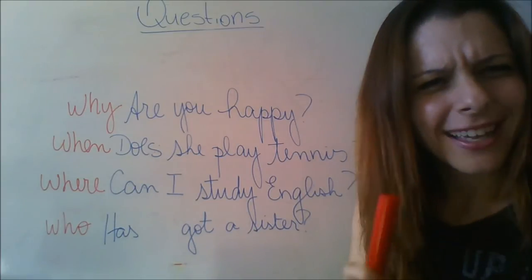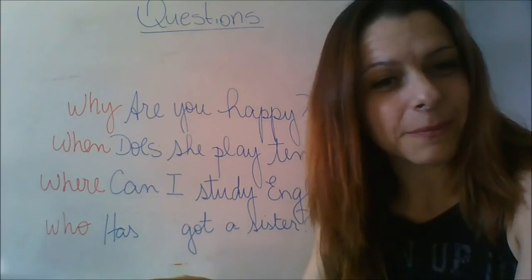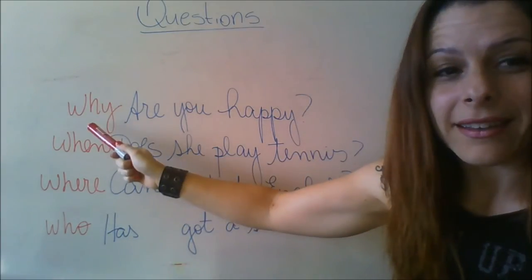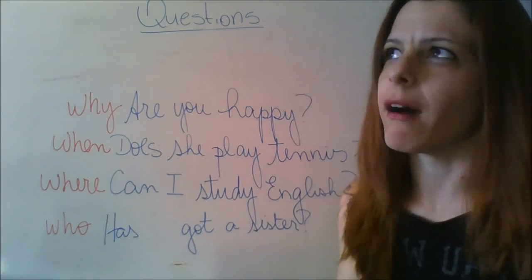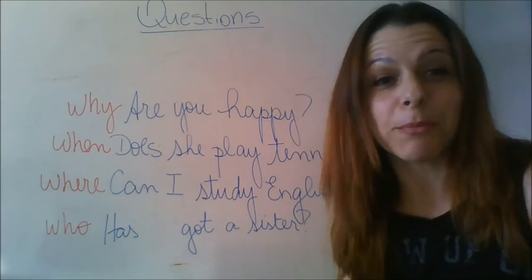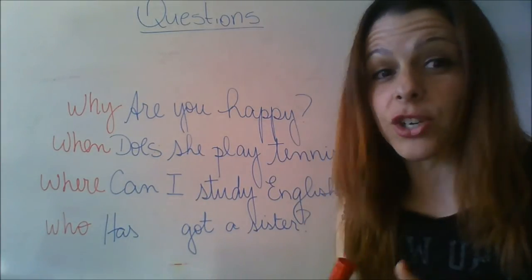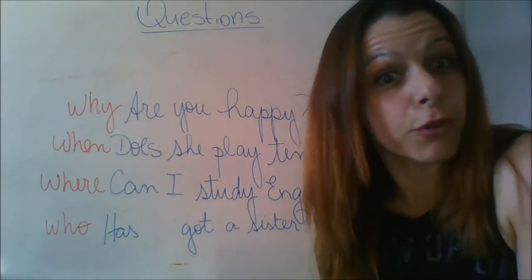So remember, the yes or no question was, are you happy? Well, I added here why. So the question is, why are you happy? Oh, I'm happy because today is my birthday. Okay? So, you see, now the answer is not yes or no. I need some information now.